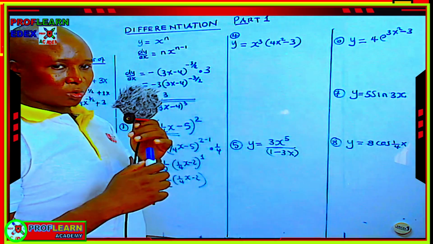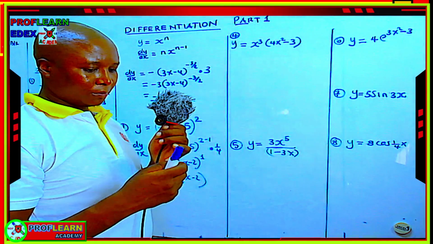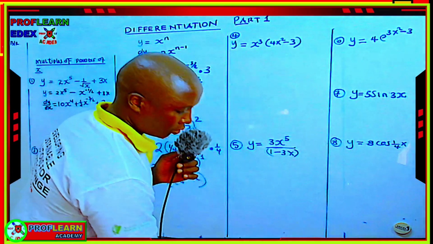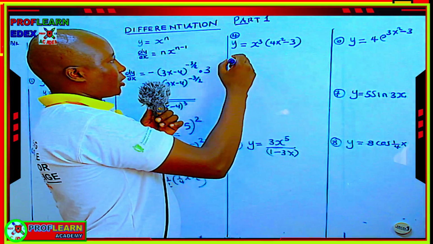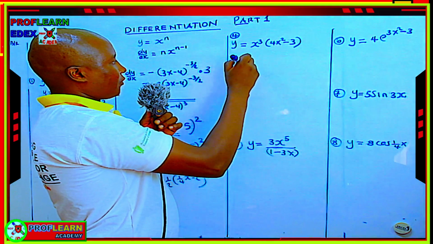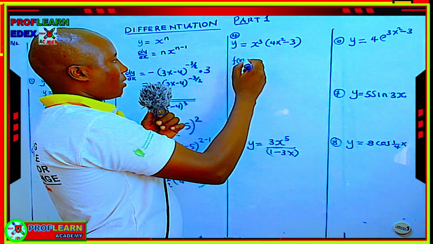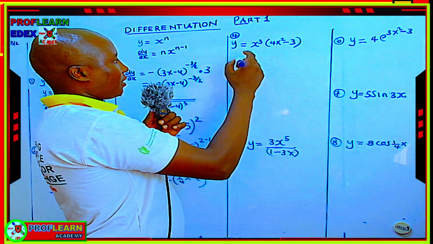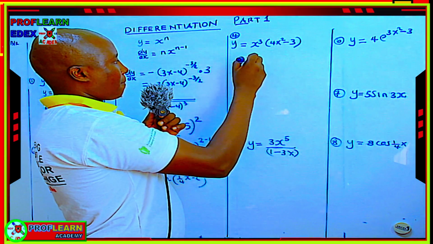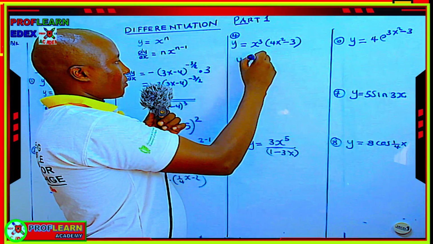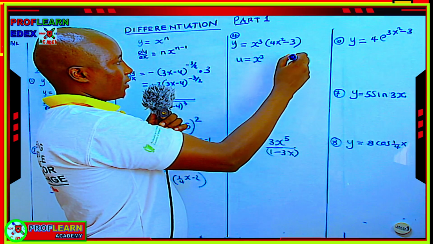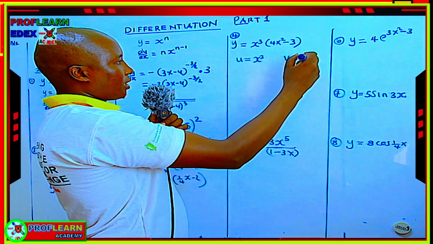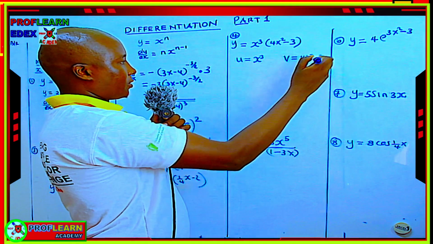This one we're going to use the product rule, whereby we're going to say this is two functions. So we can say the first function is u, equal to x cubed, and the second function is v, which is 4x squared minus 3.